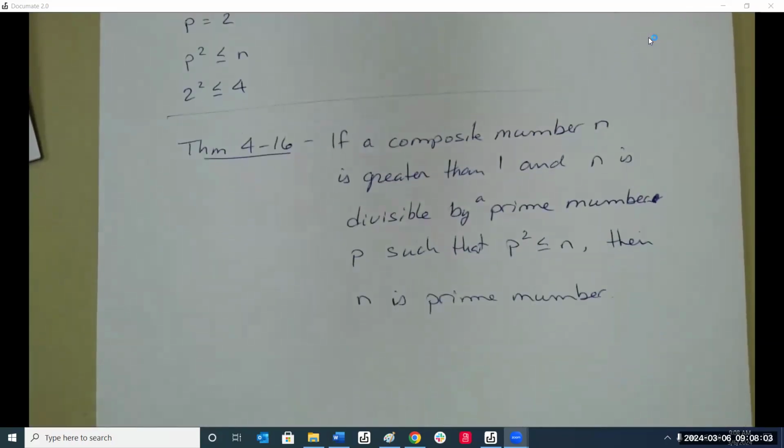So if a composite number n is greater than 1 and n is divisible by a prime number p such that p squared is less than or equal to n, then n has to be a prime number.